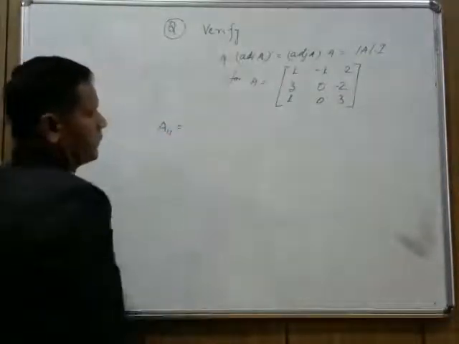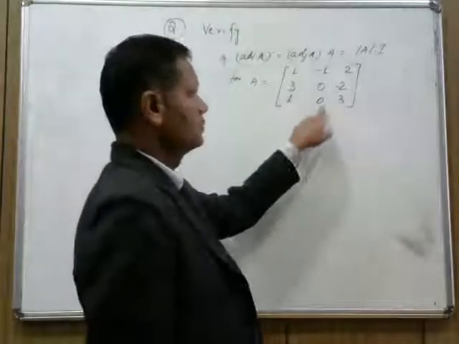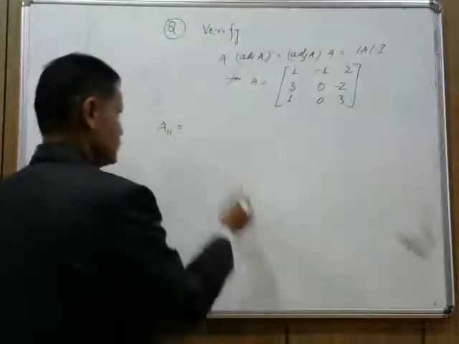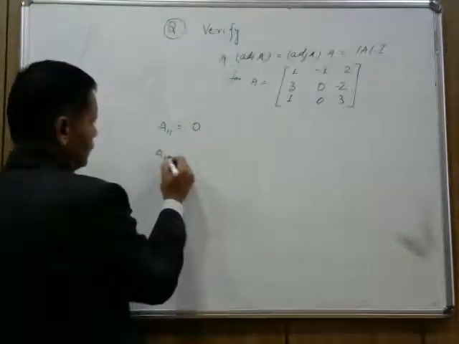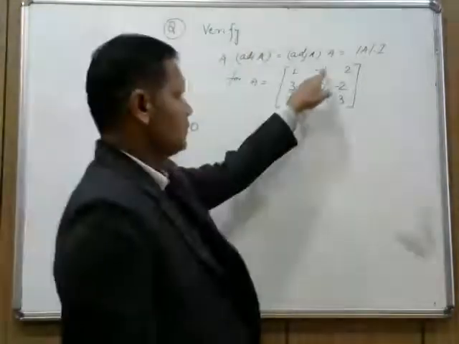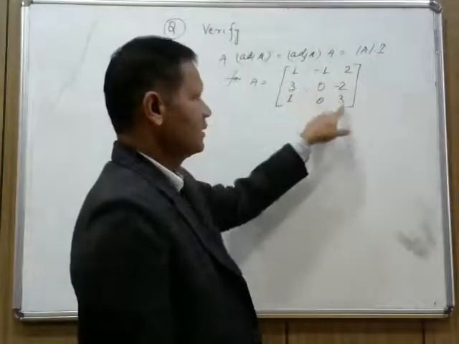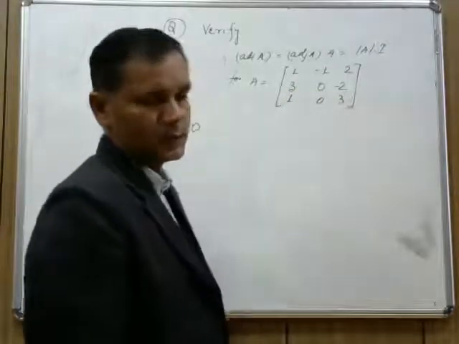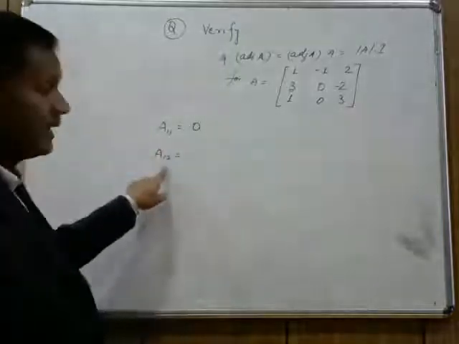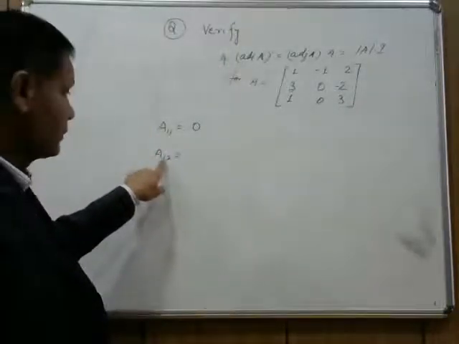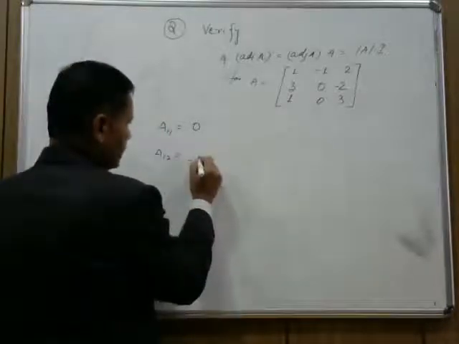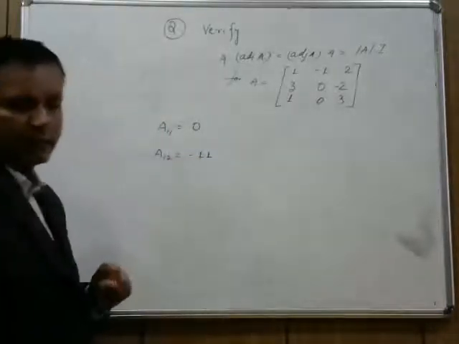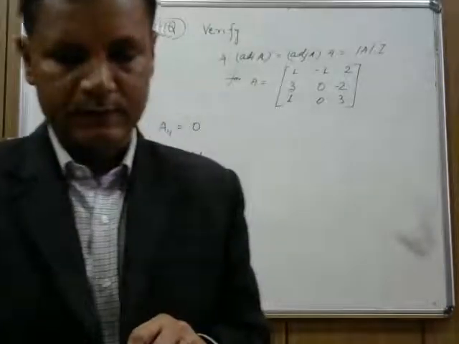Now A11: for this, 0 minus 0, we have 0 only. A12: for this, minus 1 into 3 3 are 9, plus 2 is 11, and since the sum for A12 is odd, the sign changes, so the cofactor A12 will be minus 11.